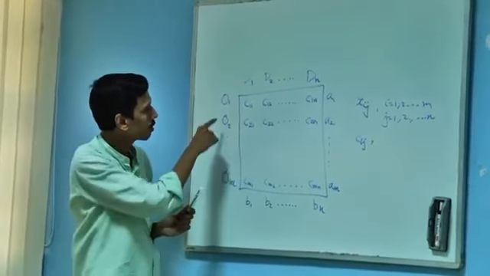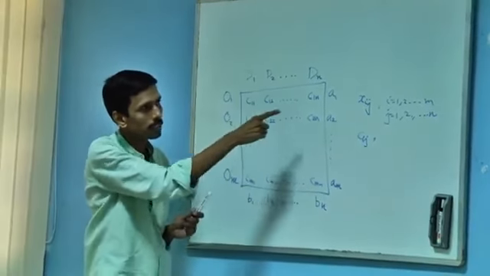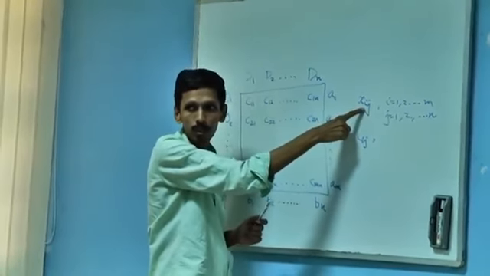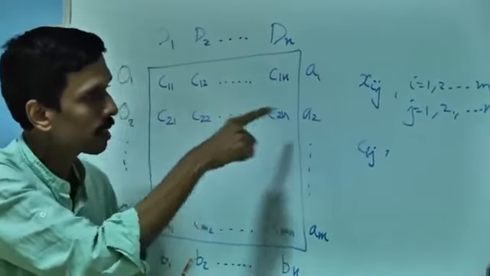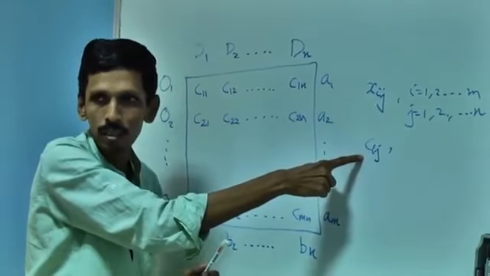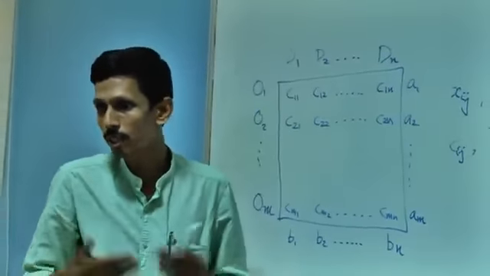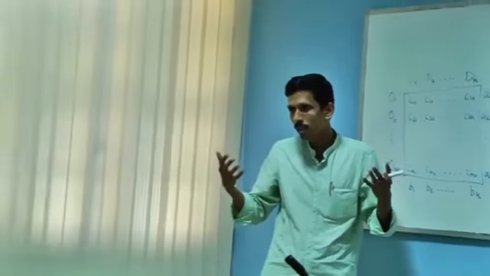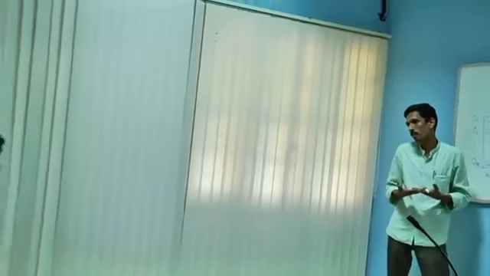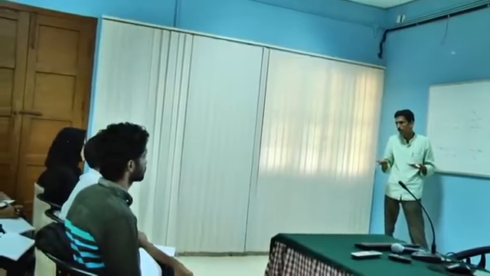Now let us see. Xij is the number of units to be transported from ith origin to jth destination, right? And Cij is the cost of transportation. First of all, we can make it an objective function. What is our objective actually? Our aim is to reduce the total cost of transportation.